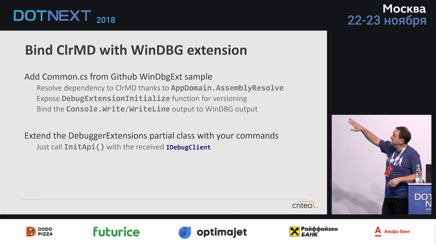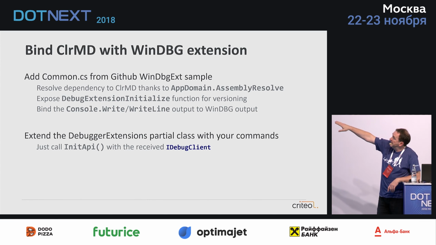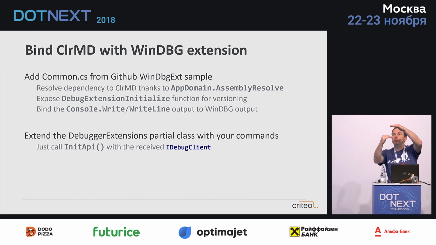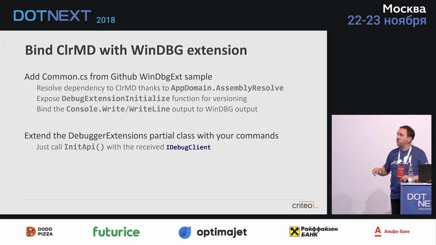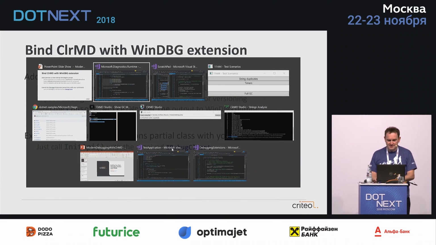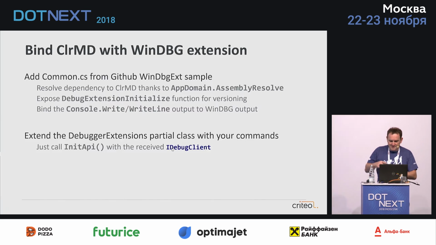This part of the magic is done for you by the Command.cs file. After that, you write your function in another file that extends the partial class DebuggerExtension, and in all of your functions, you just call InitApi. And that's it. Cool. Let's see if I'm telling the truth or I'm lying.